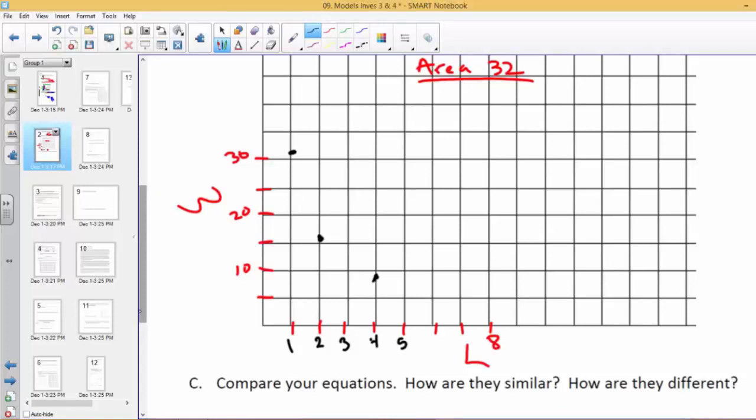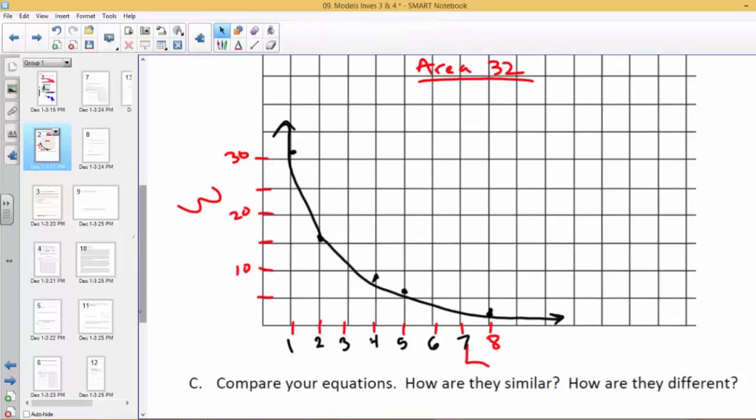It's 6 point something, so you can approximate it. 8 gives 4. Wow. 8 times 4 is 32. 8 gives 4. Okay, again, you can connect this. And that's an inverse.